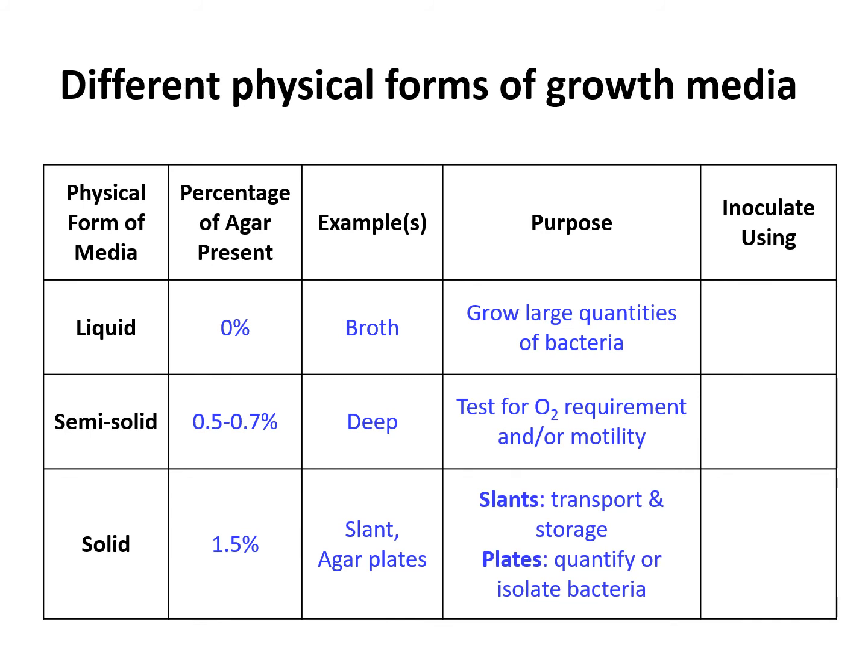Slants are good for transporting bacteria. So let's say I'm working in a lab in Glendora, and I want to take my bacteria to a lab that's in Pasadena.